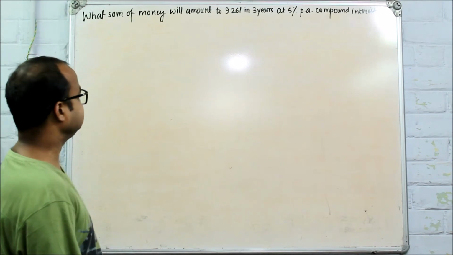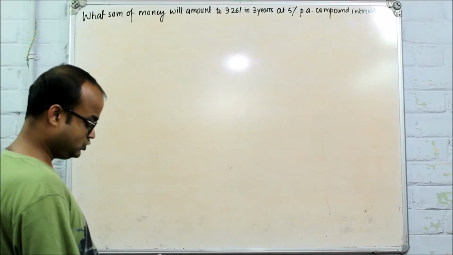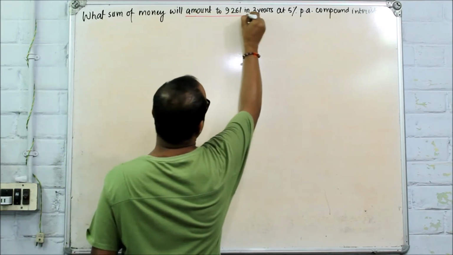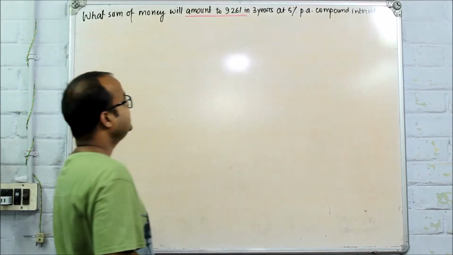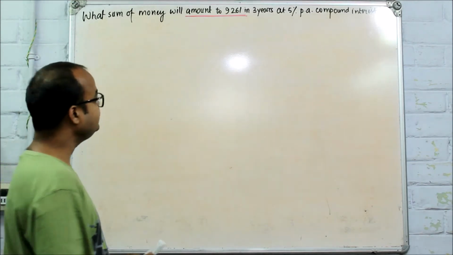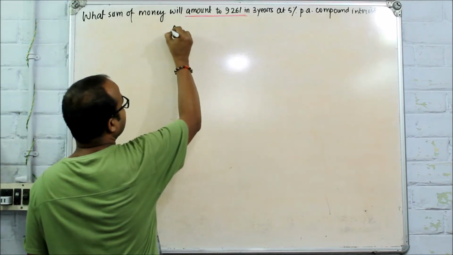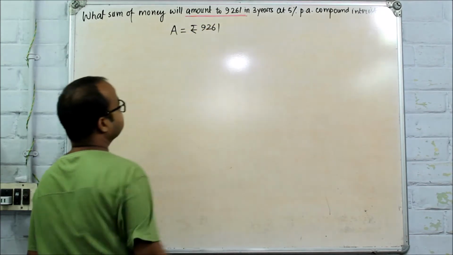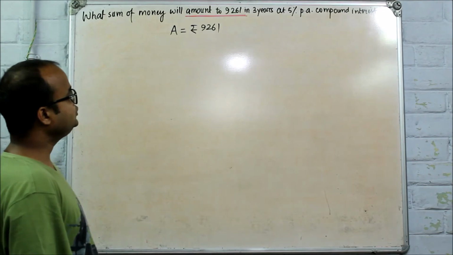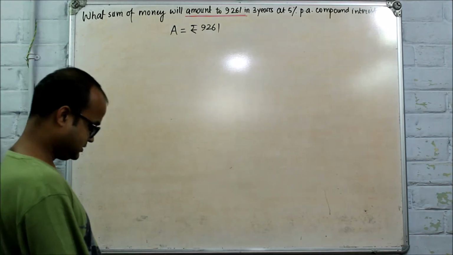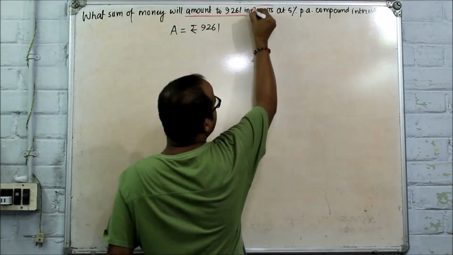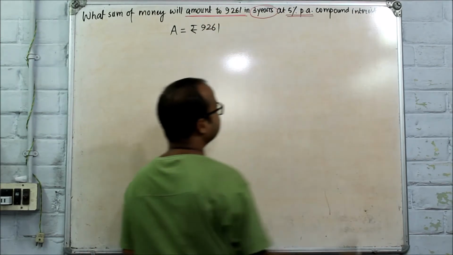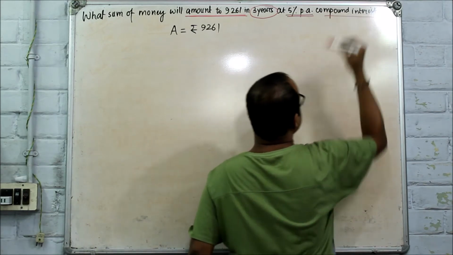What sum of money will amount to 9261? That means this is the amount given to you. So here A is equal to rupees 9261, in 3 years, at 5% per annum, compound interest.